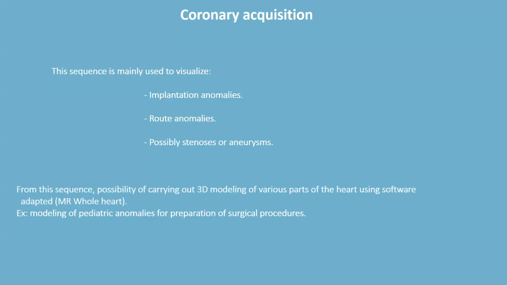It's to visualize the implantation anomaly, the root anomaly, and the possibility of getting some stenosis or aneurysm from the sequence, with the possibility of carrying out 3D modeling of various parts of the heart using adaptable software. For example, in Philips, we use the MR Heart for modeling, for example when we model the pediatric anomalies for preparation of some surgical procedure.